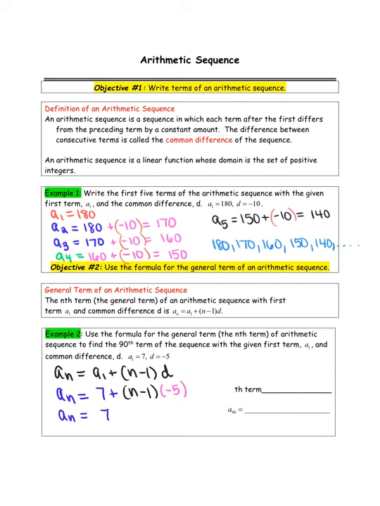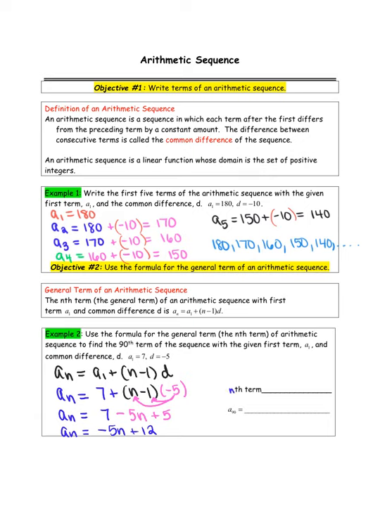a sub n equals 7, and note distribute negative 5 times n is negative 5n, and negative 5 times negative 1 is positive 5. Simplifying that, a sub n equals negative 5n plus 12.